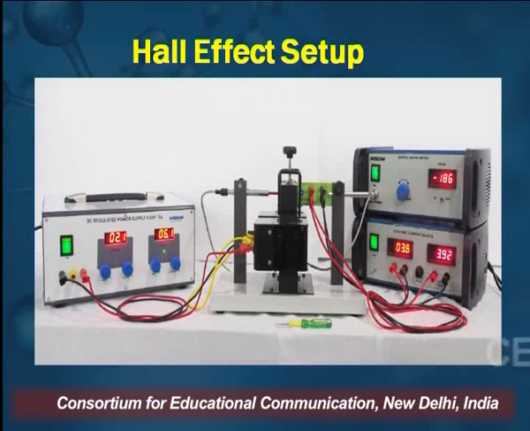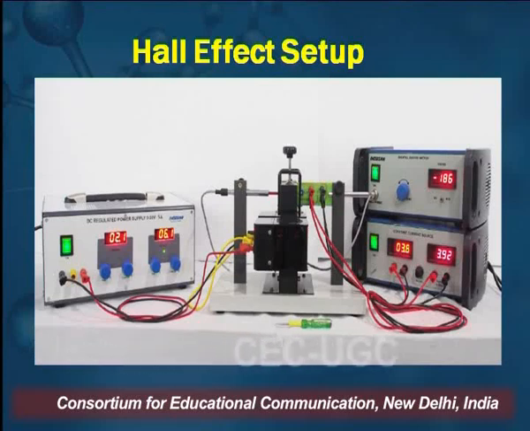So this is the basic setup of the Hall effect, through which we can find out the Hall voltage, that is Vh, by changing the Ix, that is the current. Similarly, we can note down the Vx that changes because of the Ix, and here we already fix the value of magnetic field.